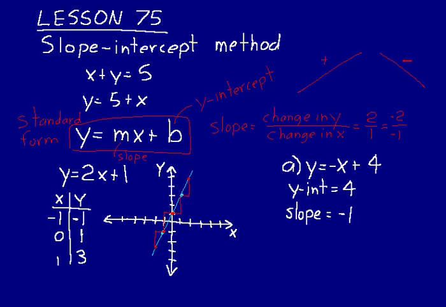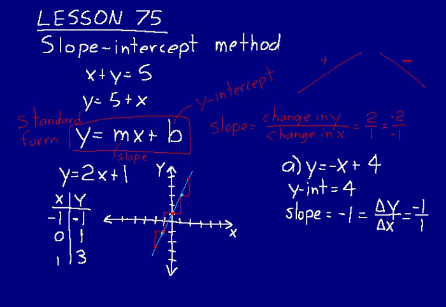And if we want to think about that a little bit more, that just means our change in y. Now watch, I'm going to use a triangle. That's also called a delta symbol. That delta symbol means change in. So that's just an abbreviation for change in. So change in y over change in x. If we want to rewrite this as a fraction, it's minus 1 over 1.